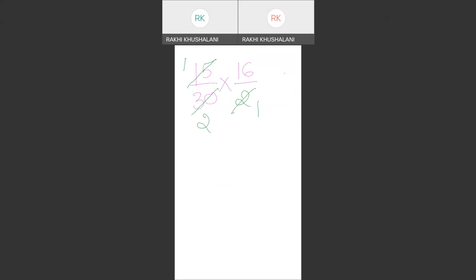2 into 1 and 2 into 8. Till I find something common between this 2 and this 8, that is 2 into 4 is 8 and 2 into 1. Now 1 into 4 and 1 into 1 gives you 4 by 1, which can also be written as 4.